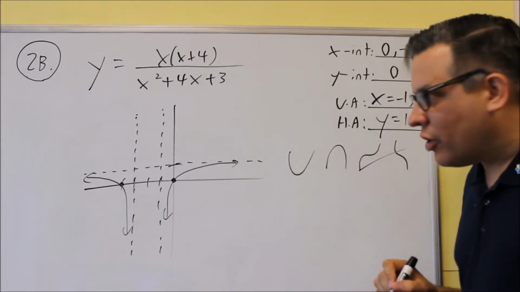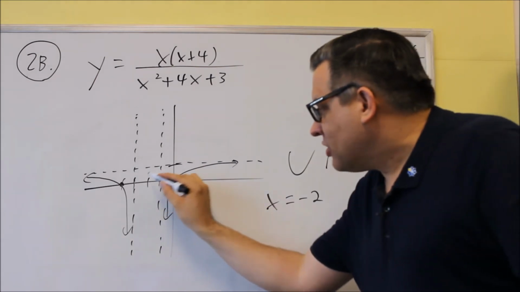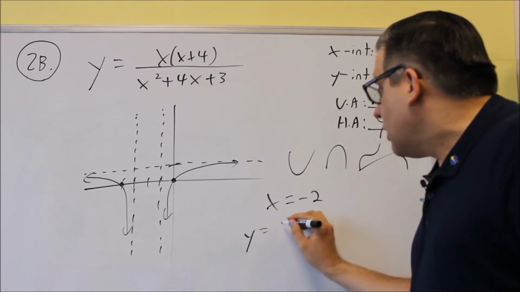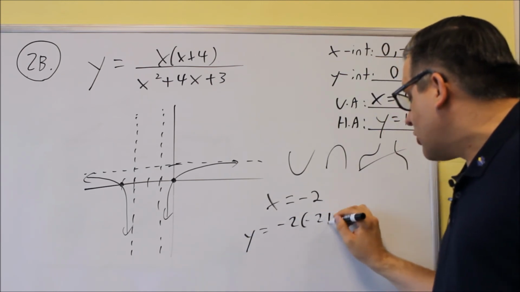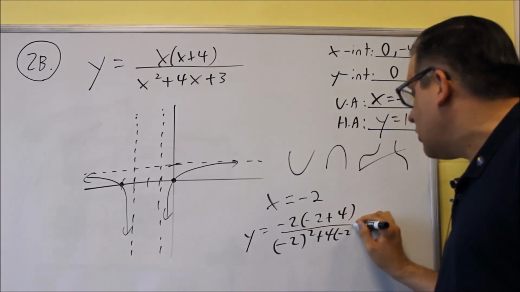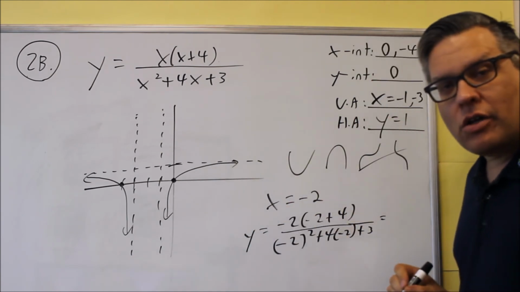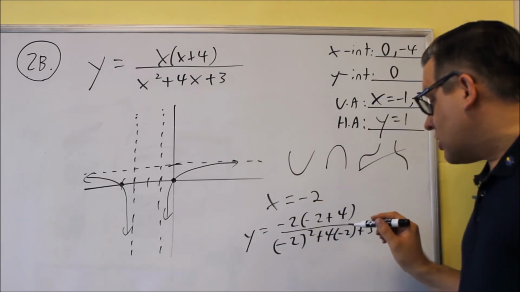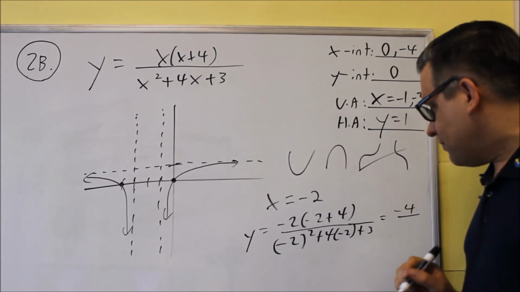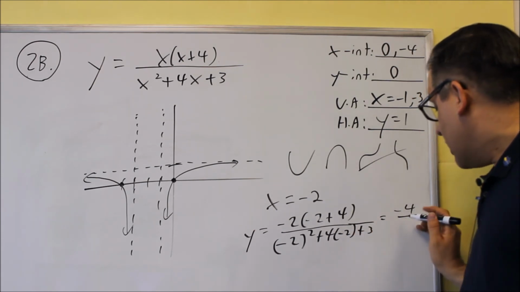If you're not sure which one it is, you can always pick a test point. I'm going to use x equal to negative 2 this time to test something right in between those two vertical asymptotes. If I put that in, I should be able to get a coordinate on the graph itself. So I'm going to put negative 2 in for both of these: negative 2 squared, 4 times negative 2 plus 3. On top here, I get negative 2 times 2, so I get negative 4. Down below, I get 4 minus 8 is negative 4, plus 3 is negative 1.